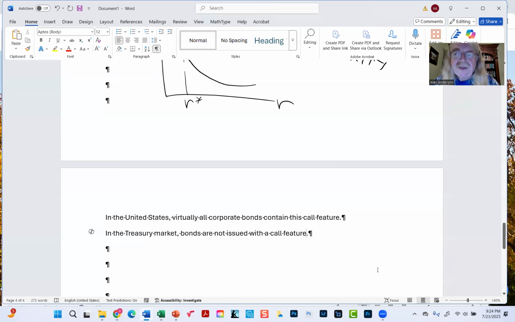The government has to pay its bills just like everyone else. If they don't pay the bonds, then they'll lose their perfect credit rating, which means they'll have to pay a lot more interest on all their securities, and they do not want that to happen. So luckily for the government, it has the ability to raise taxes, which corporations do not have. So for all practical purposes, when you buy a bond issued by the US government, you have nothing to worry about as far as getting your cash flows. With a corporation, it's a different matter.